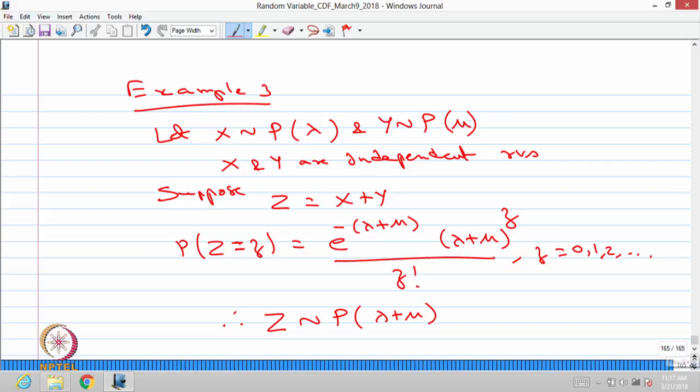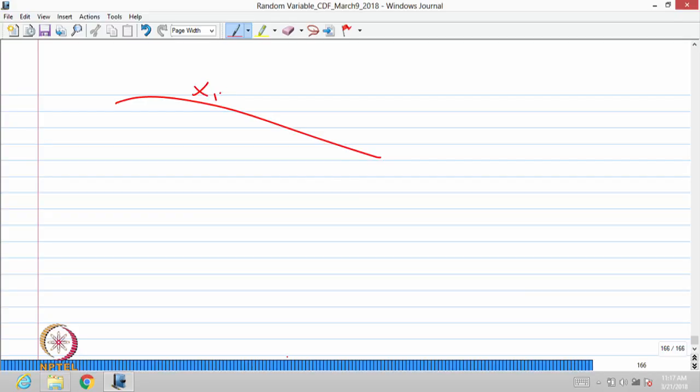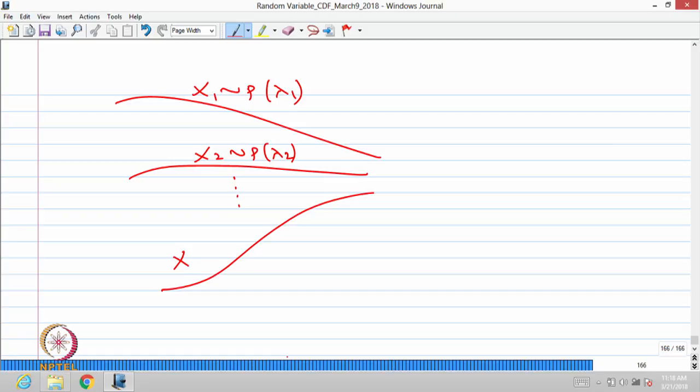The same concept can be extended to any n random variables. That means if n random variables are mutually independent, where X1 is Poisson distributed with the parameter lambda 1, X2 is also Poisson distributed with the parameter lambda 2, and like that the nth random variable Xn is also Poisson distributed with the parameter lambda n.